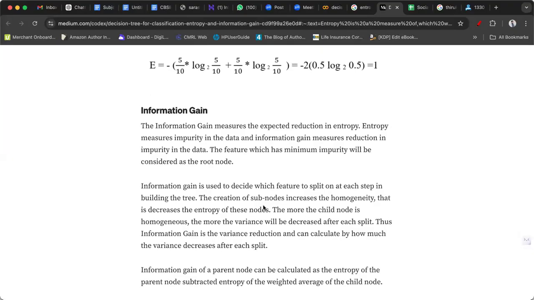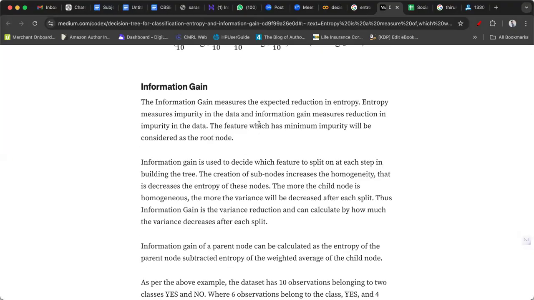What is information gain? It measures the expected reduction in entropy. Wherever you are talking about entropy, the information gain is also in that entropy formula. That means wherever you are reducing some kind of impurity level in the messy data or information, you are gaining some more purity.